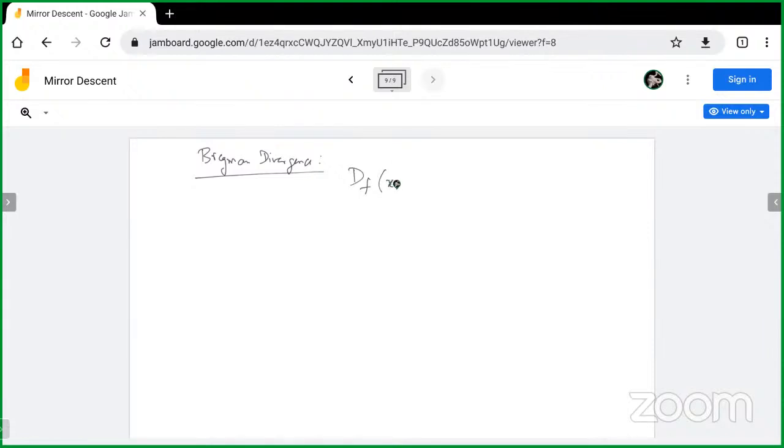So if I have a function f, let's say f is convex. Then the Bregman divergence between x and y is, so you take the linear approximation of f of x by y. Which means that I take the value at y and I take the gradient at y.